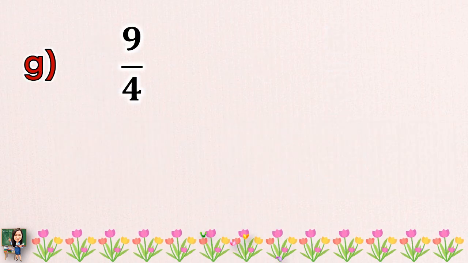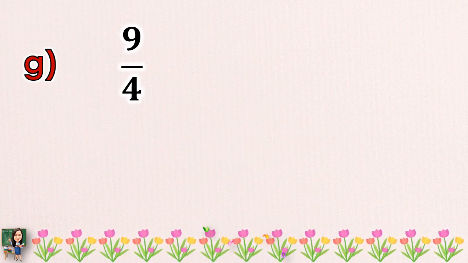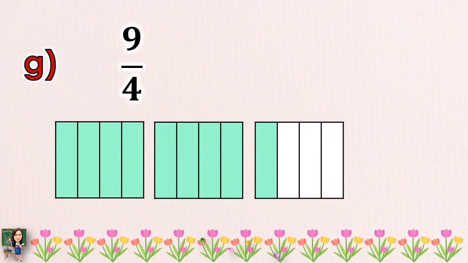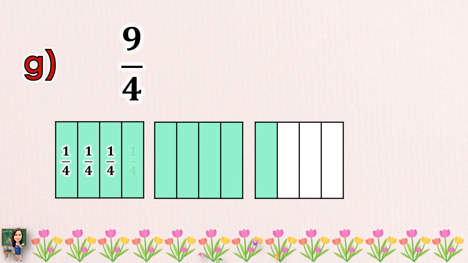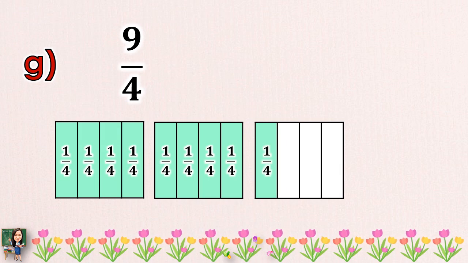Letter G. 9/4. This fraction is also an improper fraction. Because the numerator is greater than the denominator, we have to draw 3 rectangles with 4 equal parts to show 9/4. Then shade 9. 1, 2, 3, 4, 5, 6, 7, 8, 9.